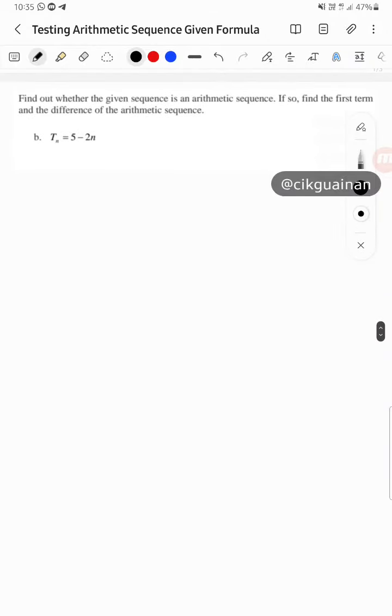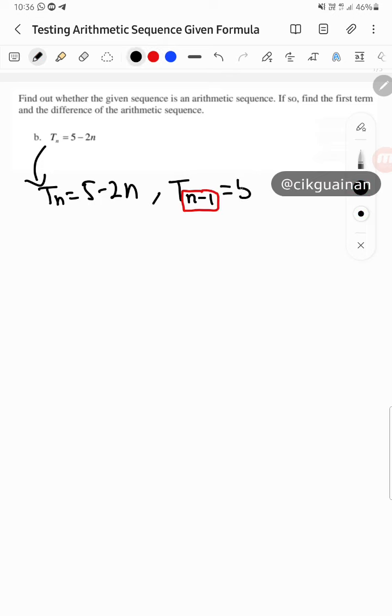Tn equals 5 minus 2n. First put here 5 minus 2n. Now I'm going to find Tn minus 1, so n minus 1. How are we going to do this? Easy. 5 minus 2, and the n, you change it into an empty bracket.